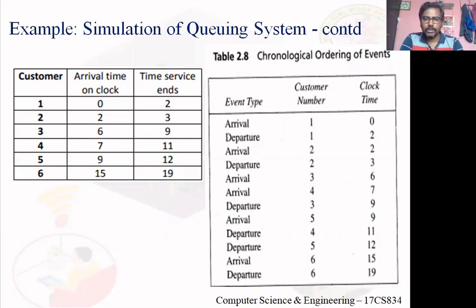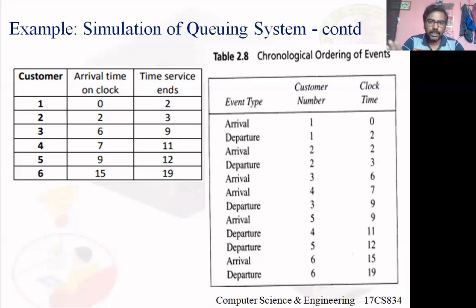So at time 2, departure of customer 1 occurs. At the same time, the arrival of the second customer also occurs. So at time 0, arrival of first customer. At time 2, departure of first customer and arrival of second customer. Clear? Next, at time 3, an event occurs, that is departure of second customer.